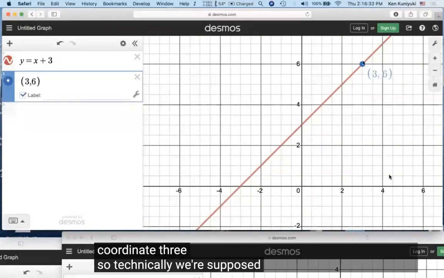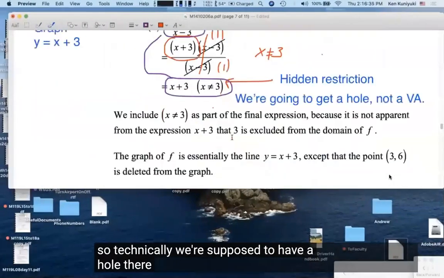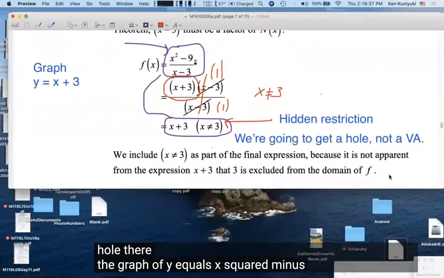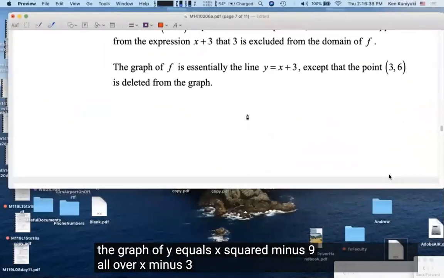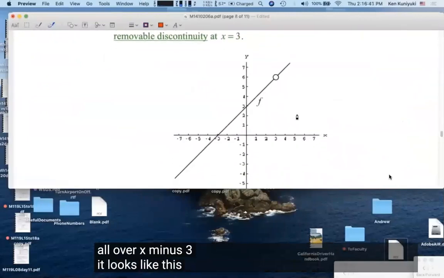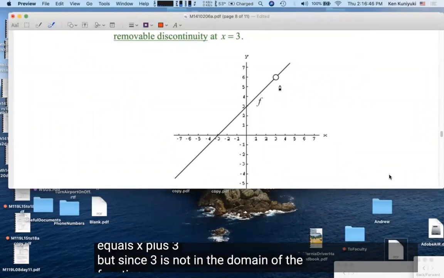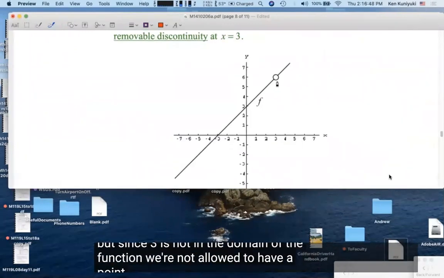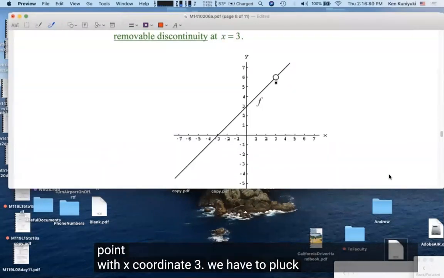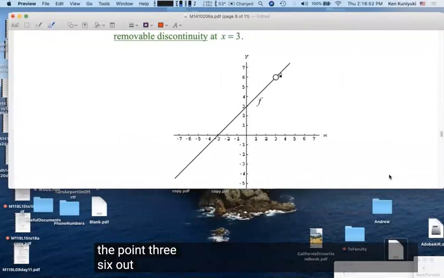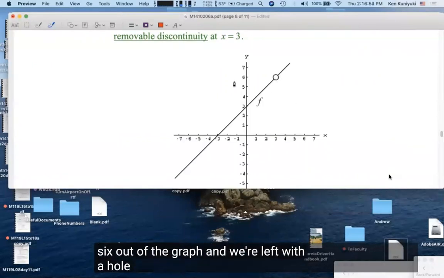So technically, we're supposed to have a hole there. The graph of y equals x squared minus 9 all over x minus 3 looks like this. It's the graph of y equals x plus 3, but since 3 is not in the domain of the function, we're not allowed to have a point with x coordinate 3. We have to pluck the point 3, 6 out of the graph, and we're left with a hole here.